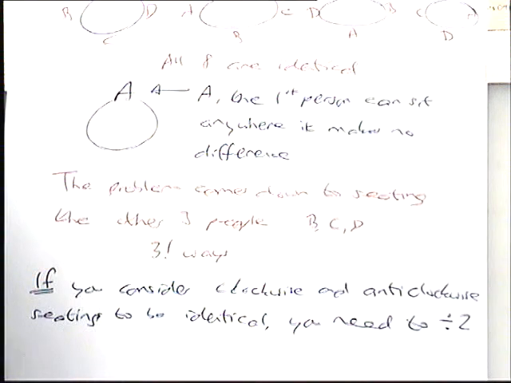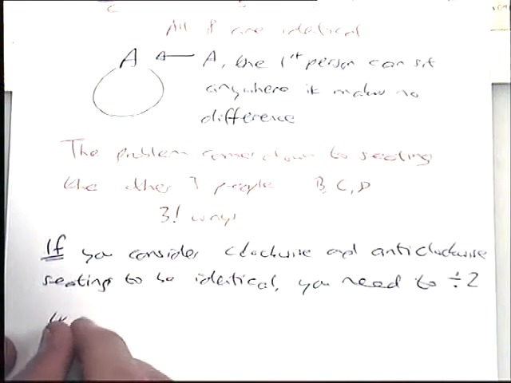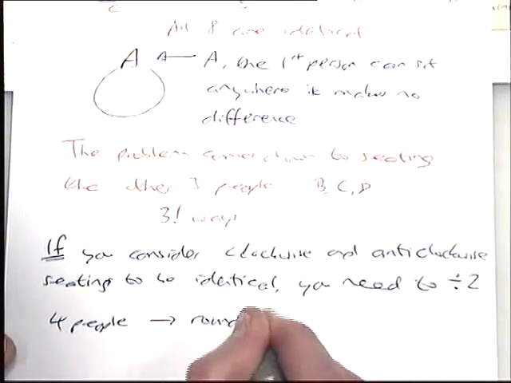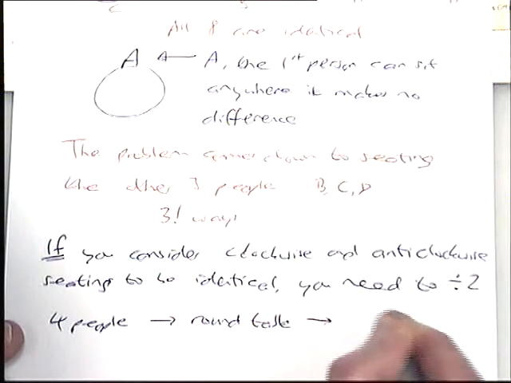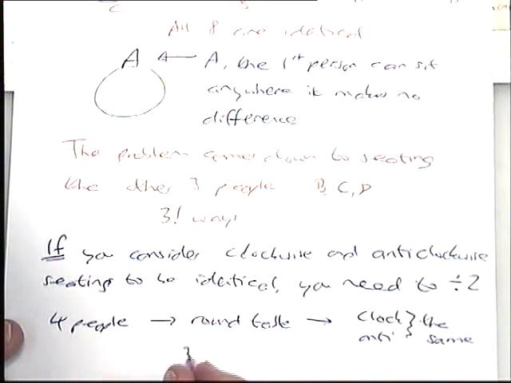So, we had here for 4 people at a round table, where we decided clockwise and anti-clockwise were the same as each other, it was 3 factorial over 2.